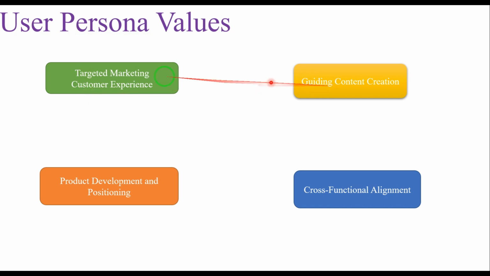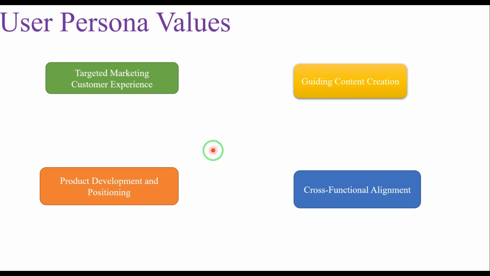The second one is that it can be the guidance for content creation. Personas inform the type of content that will be most engaging and valuable to different segments of the audience. Marketers can create content that addresses the specific needs, challenges, and interests of each persona.